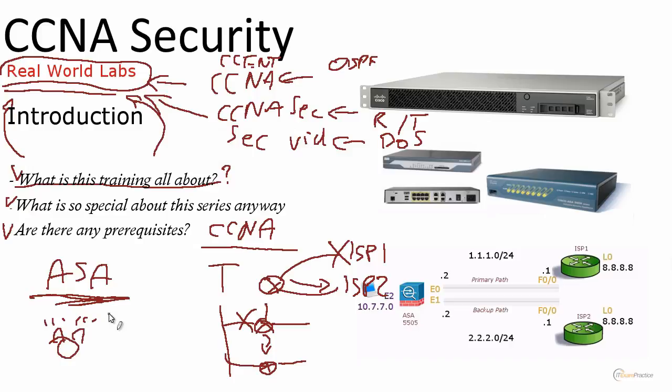We'll not talk about a wireless access point in detail, but to make it more interesting and help you apply all these skills in the real world, I decided to take a Cisco access point, and we enable WPA Enterprise. Again, it's real world labs.